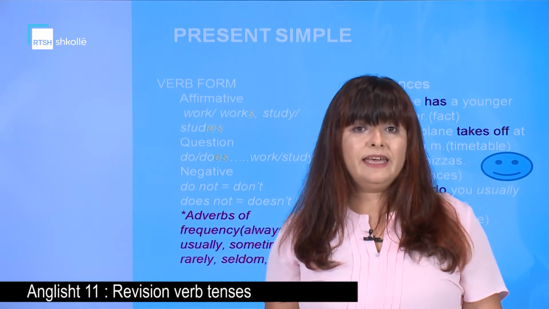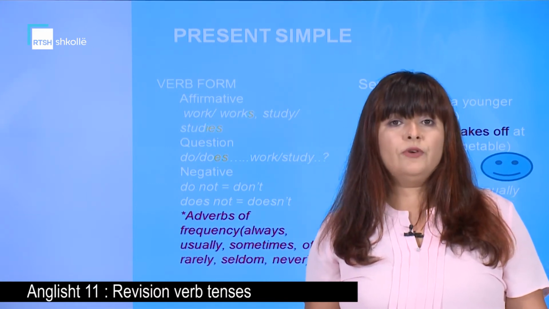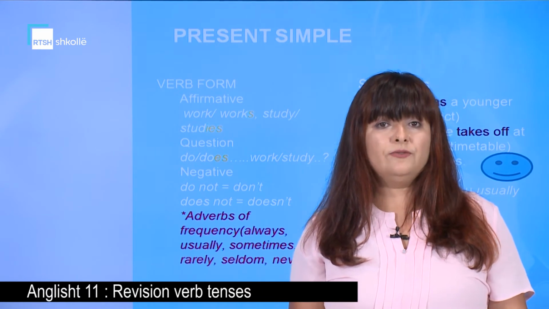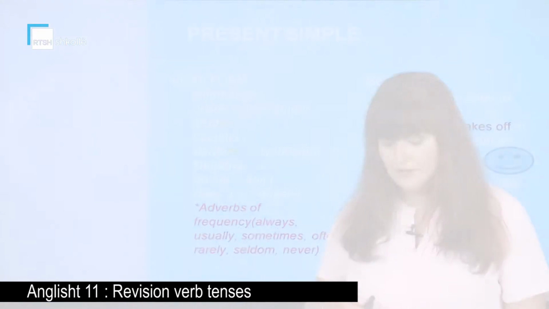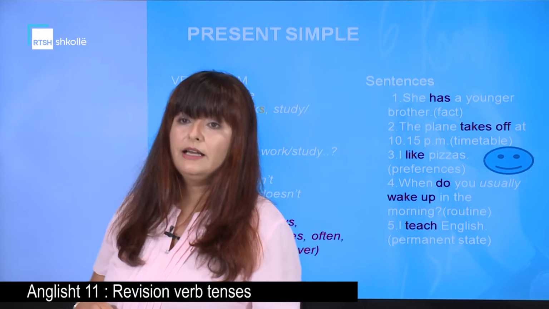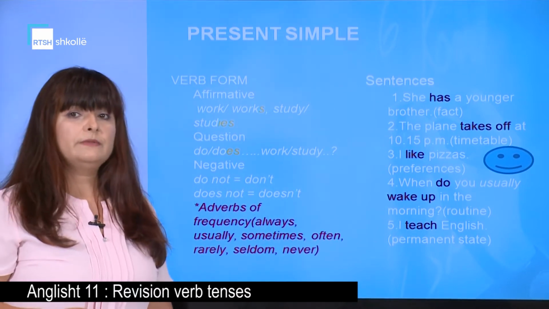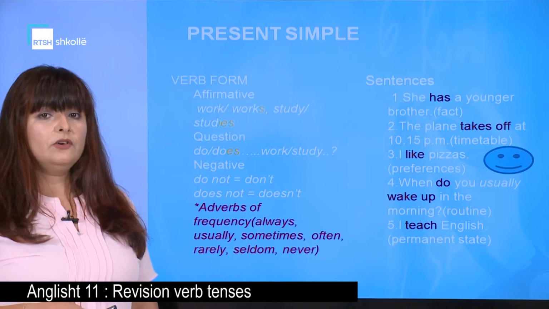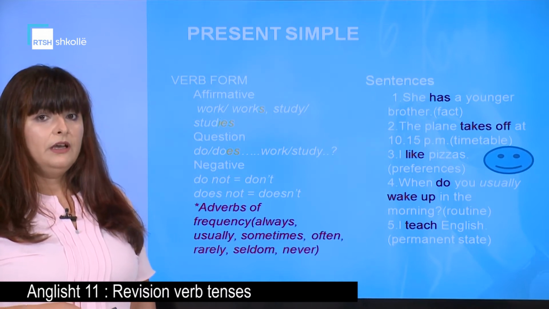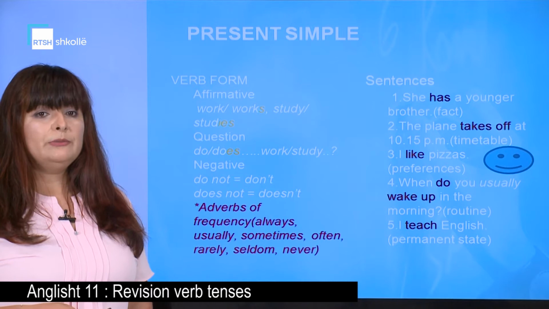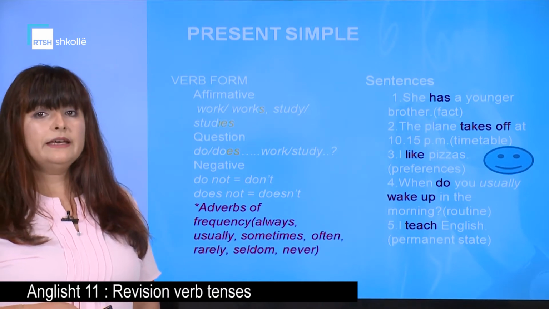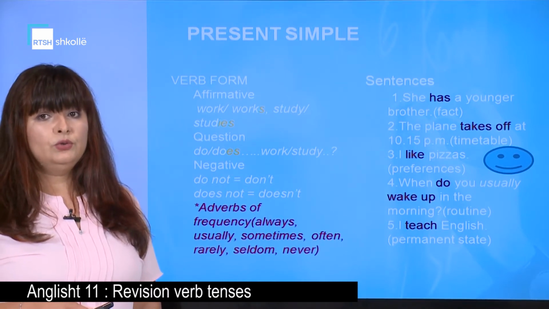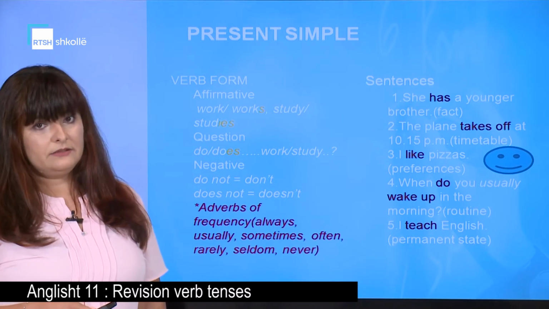When we take a tense, we focus firstly on the verb form. The verbs have three forms in each tense, and these forms are affirmative, interrogative, and negative. The affirmative form in present simple has two forms, do and does.